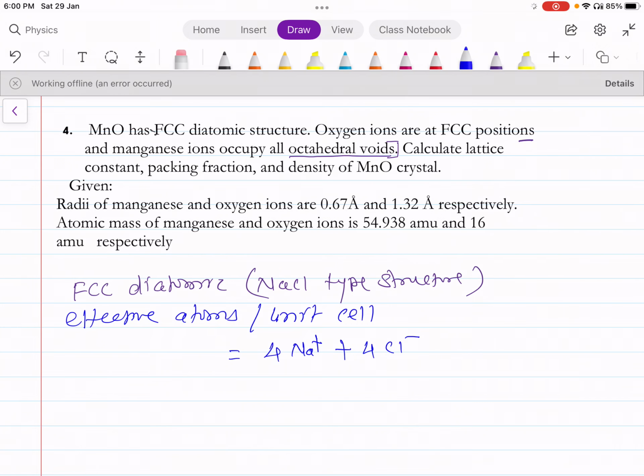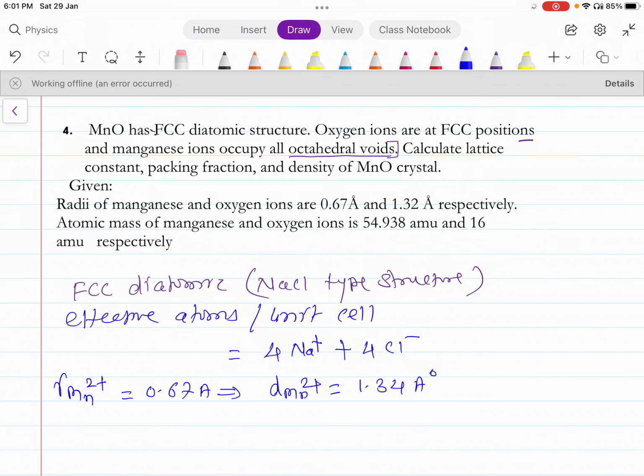And we know the formula. Let's see what is given here. Radius of manganese, Mn, is given, and that is equal to 0.67, so its diameter is double of that, 1.34 angstrom.